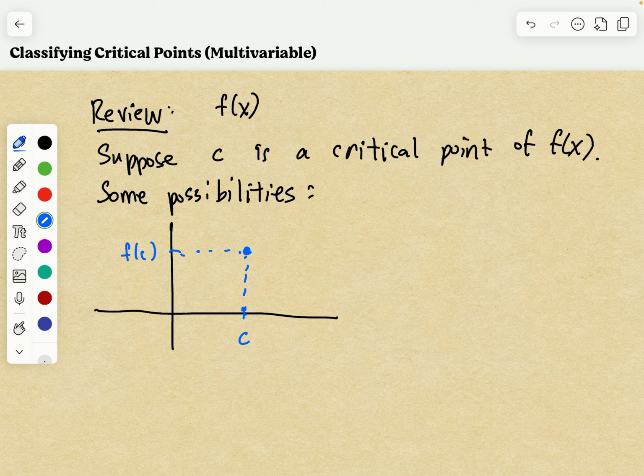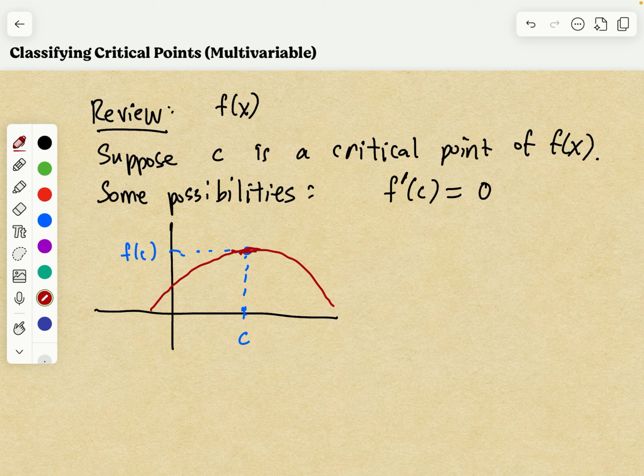Let's say that f prime of c is equal to 0. Remember that we might have the situation where f prime of c is undefined and c is in the domain of the function f. But let's just look at the case when f prime of c is 0. That means that the tangent line at the point c comma f of c is horizontal, right? So when you zoom in, the graph looks like a straight line, basically. That's what it means. So some possibilities are you could have something like this.